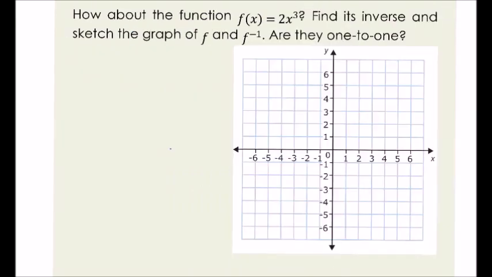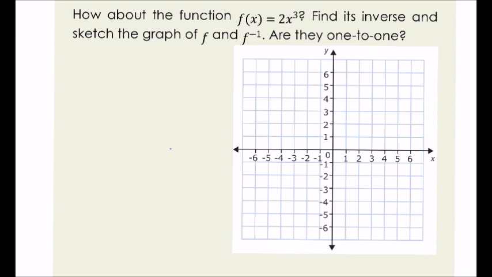Okay, now how about this? The function f of x is equal to 2x cubed. Find its inverse and sketch the graph of f and its inverse, and we're going to find out if they are one to one.